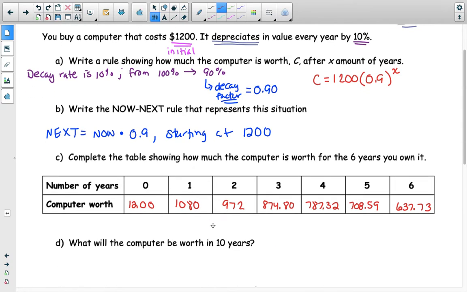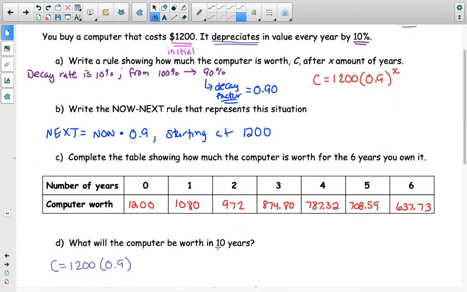So what will the computer be worth in 10 years? Well, I have 6 years already. Now I could keep going, or I could use my equation and find out what it is by plugging in the 10. So let's do that. The equation C equals $1,200 times 9/10 raised to the x years.